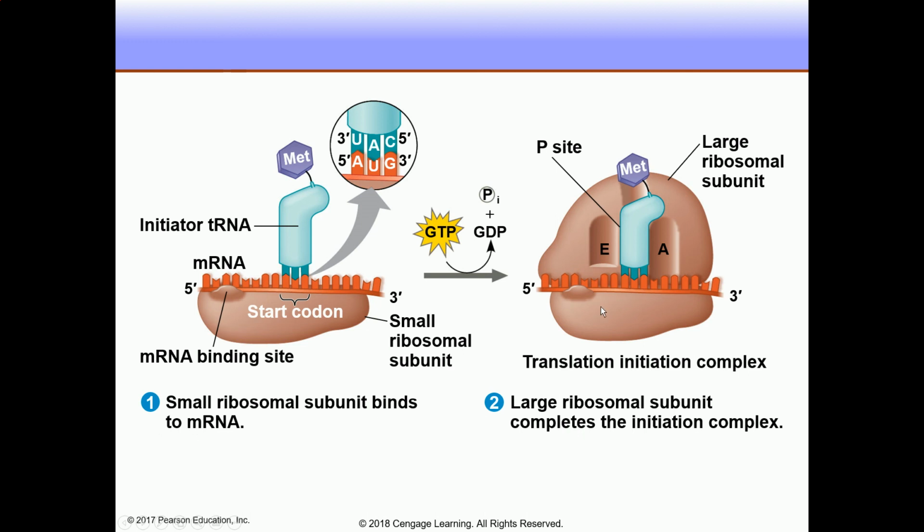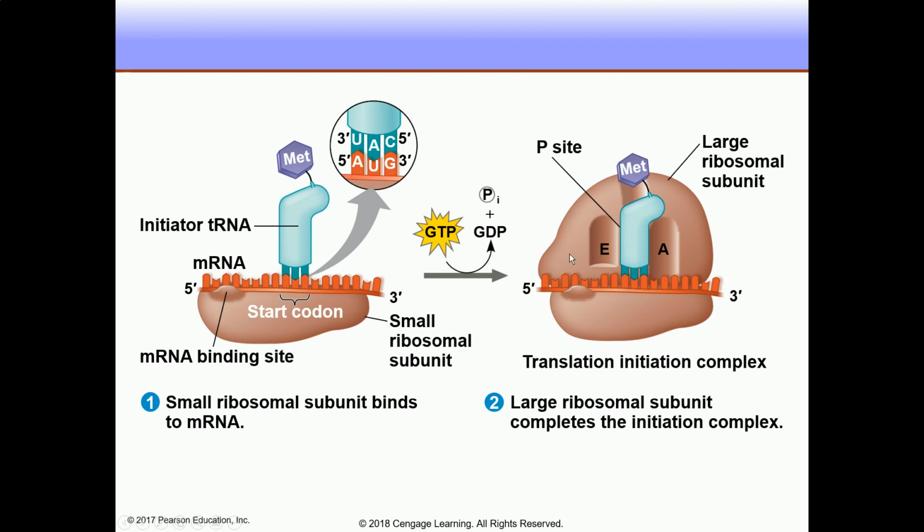The smaller subunit of the ribosome walks on the mRNA, looking for AUG. Once it finds the AUG, there is recruitment of the transfer RNA which has methionine on this side, okay?